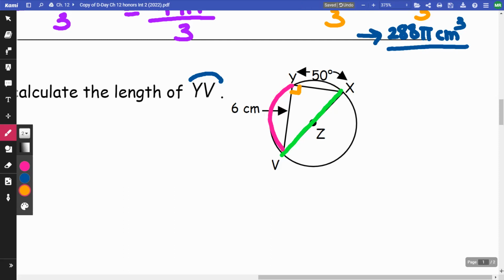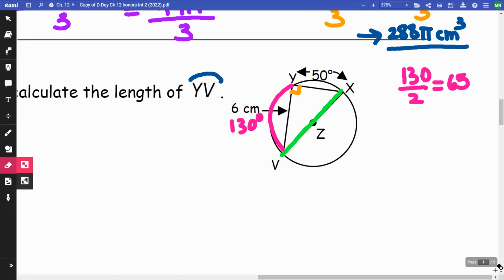So if 50 of it's being used, that means that is going to be 130 degrees, which means that this angle here is going to be half of 130 degrees, which is going to be 65 degrees. So this is going to be 65 degrees.